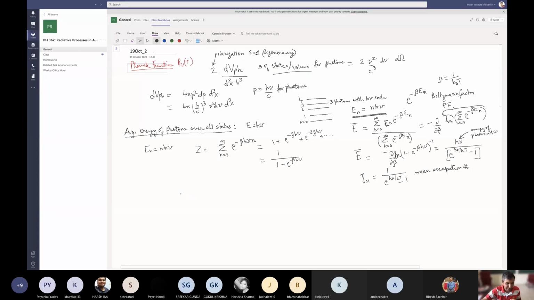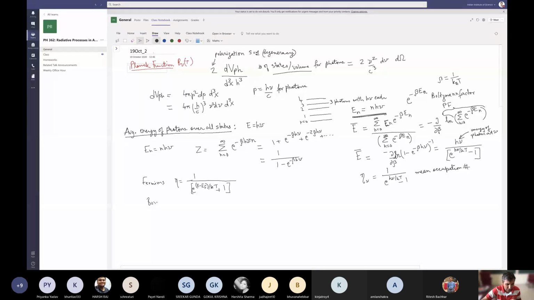So in the end, we want to get to this. And from statistical mechanics, we actually know, if you have things called fermions, that eta is equal to 1 over e to the (E minus E_F) by kT plus 1, right? So this is the mean occupation number for fermions.